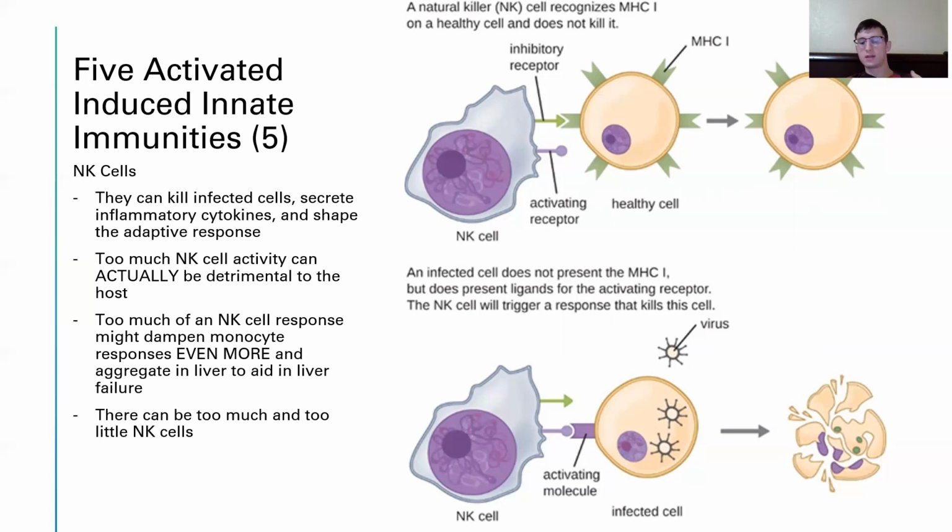So NK cells can aggravate liver damage because they can pretty much overkill infected dendritic cells and macrophages, and they can also dampen the cellular responses against EVD.